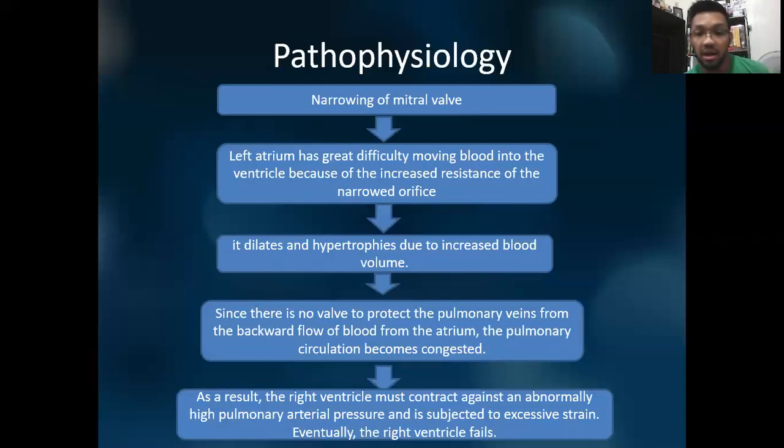So as a result, the right ventricle must contract against an abnormally high pulmonary arterial pressure and is subjected to excessive strain, until eventually the right ventricle is going to fail. So that is what happens with regards to mitral stenosis.